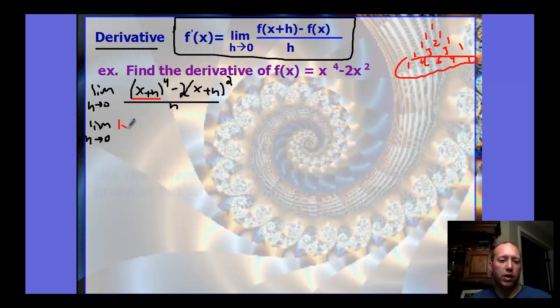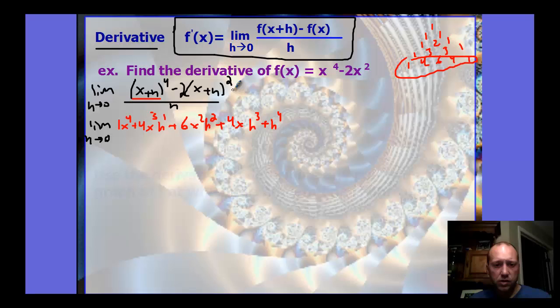So it's going to be 1 x to the 4th, h to the 0, plus 4x cubed h to the 1st, plus 6 x squared h squared, plus 4 x h cubed, plus 1 h to the 4th. So that's just multiplying together that first 4th power.